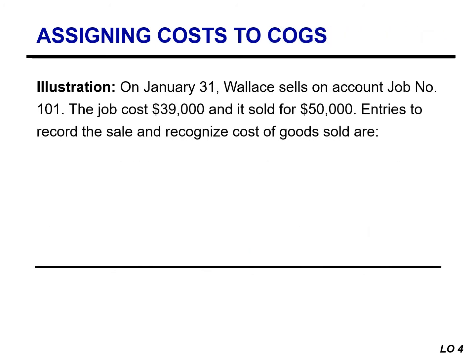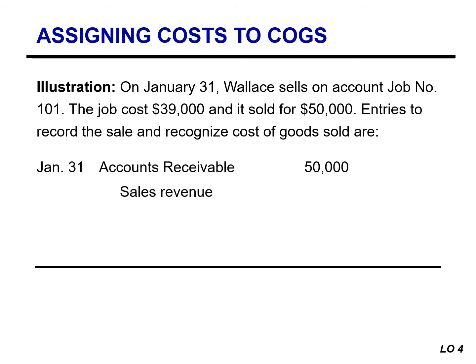Companies recognize cost of goods sold when a sale occurs. To illustrate, let's assume that on January 31st, Wallace Company sells on account job number 101. The job cost $39,000 and it's sold for $50,000. The entry to record the sale and recognize cost of goods sold are debit accounts receivable for $50,000 and credit sales revenue for $50,000.